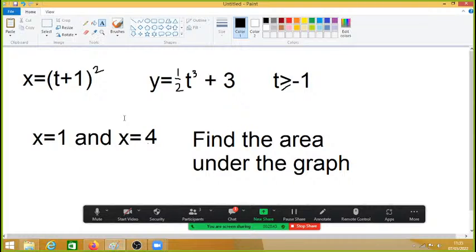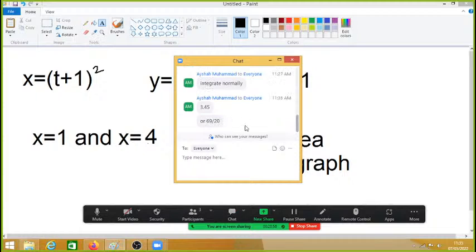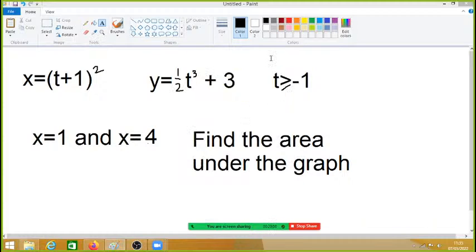If you're getting stuck at a particular point, just type into the chat window what you did last, and then I can tell you what you need to do next. Okay, good attempt, but I've got a different answer when I've done it, so maybe I was wrong, but just check your working out.